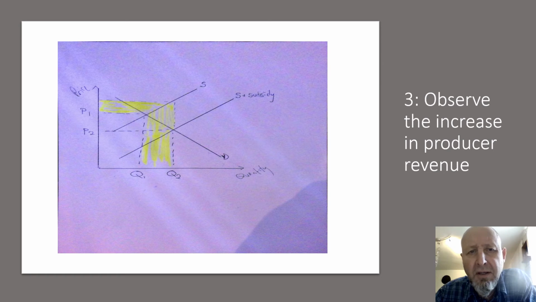So the production is taking place on the original supply curve S. So I go from Q2 up past the equilibrium until I meet the original S curve, and then I project onto the price axis. And you will get the shaded area as follows. Why rectangular in shape? Because revenue is price times quantity.